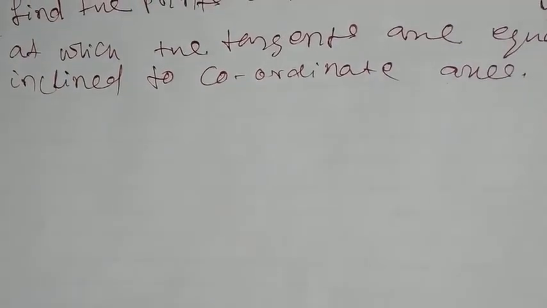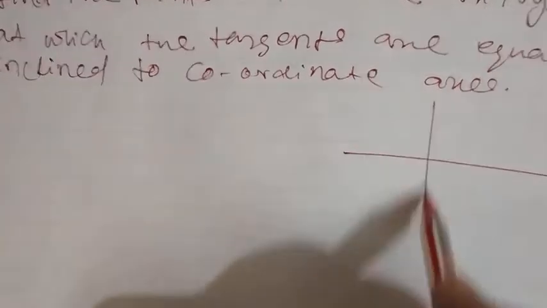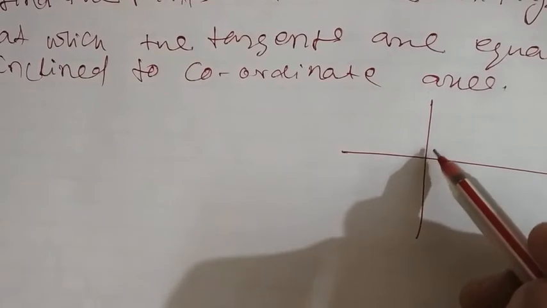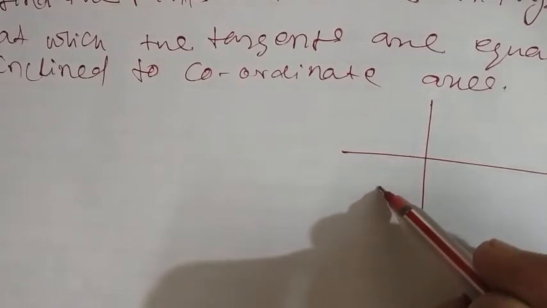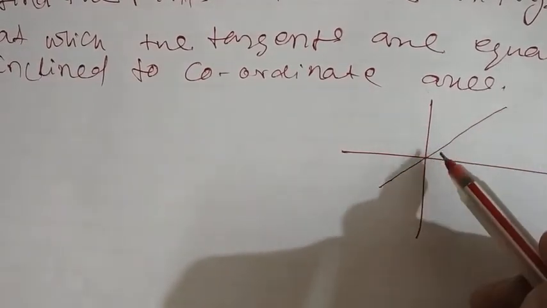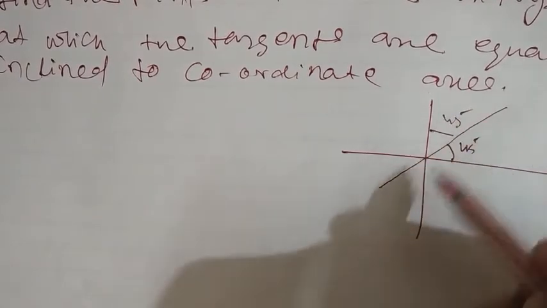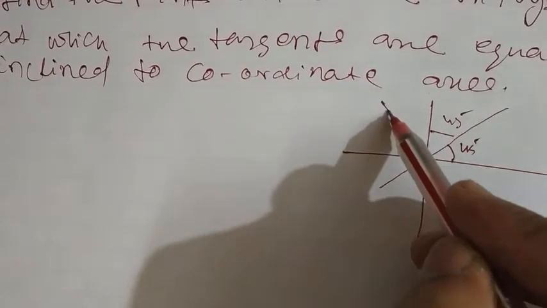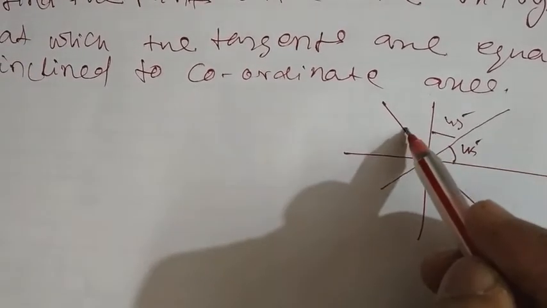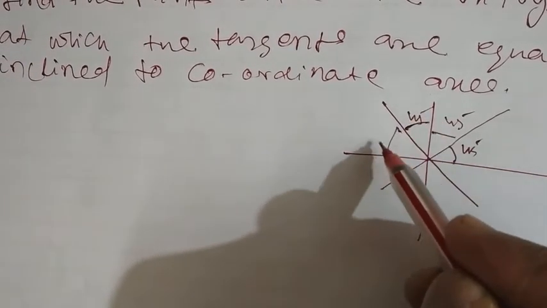Okay, tangents are equally inclined to coordinate axis means, mark here, these are the coordinate axes. Tangent is equally inclined to coordinate axis, meaning this 45, this also 45, equally inclined. This is one situation, this is another situation. This 45, this also 45.